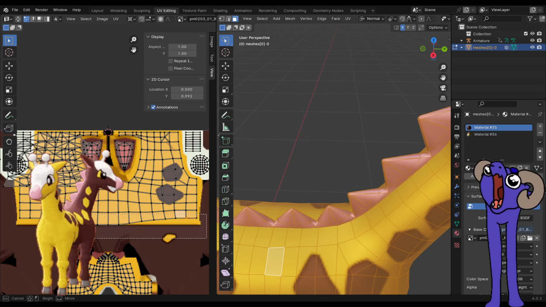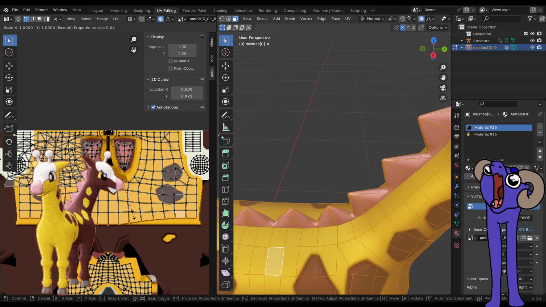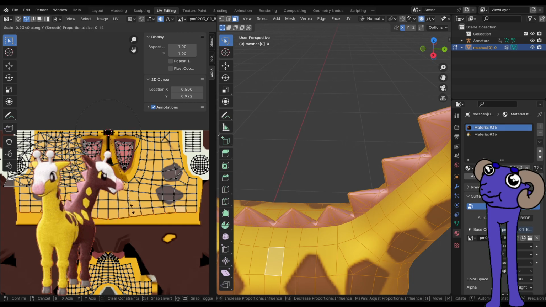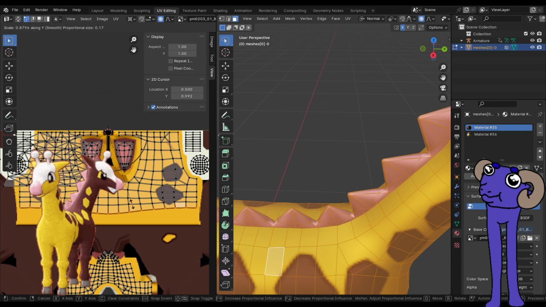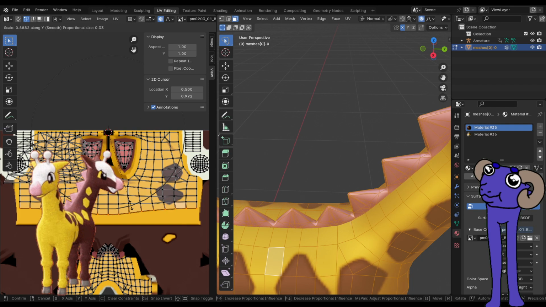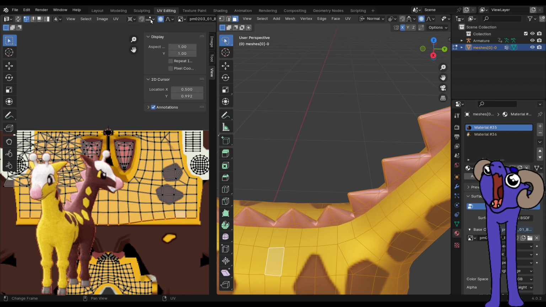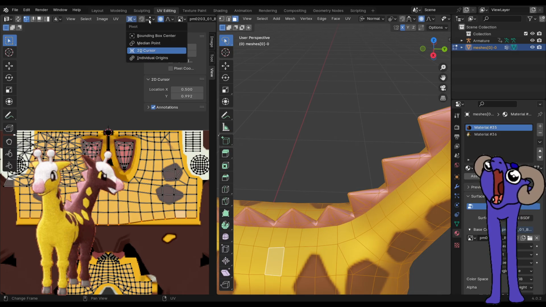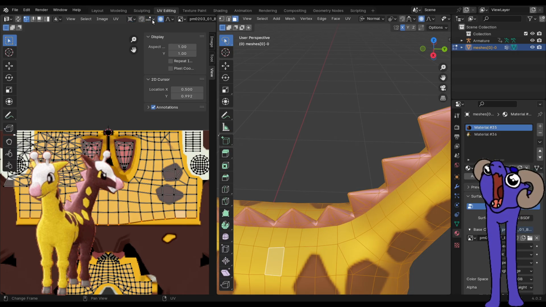Okay, maybe it'd be better to only do this and then do that. Oh, that's affecting everything. I want this to only affect connected.